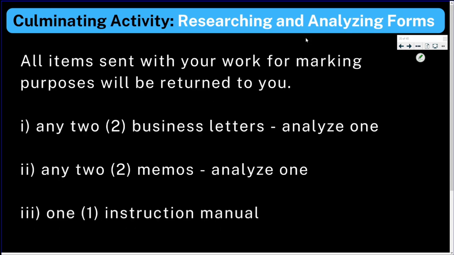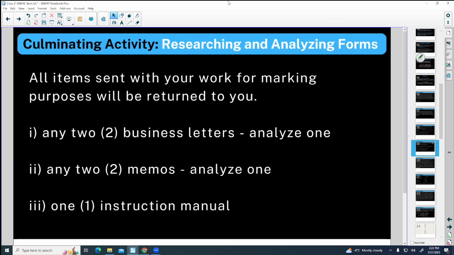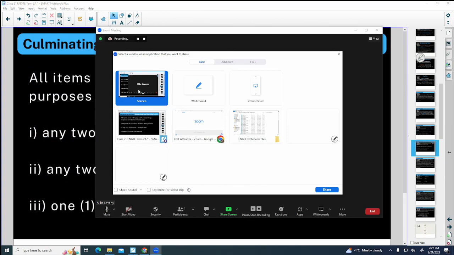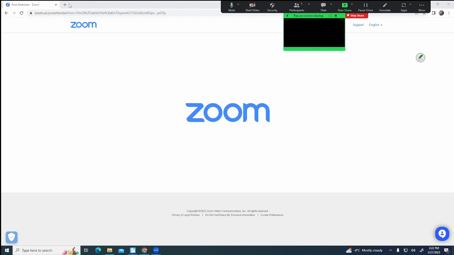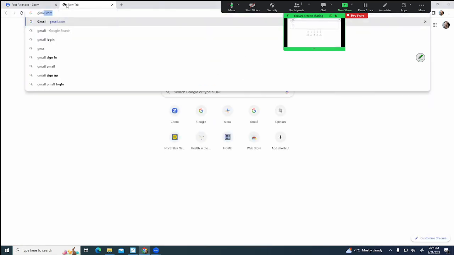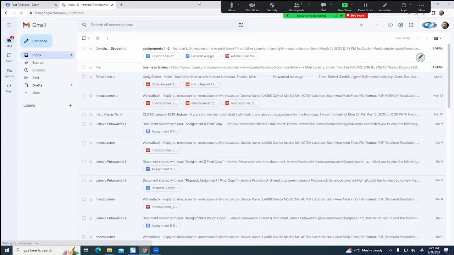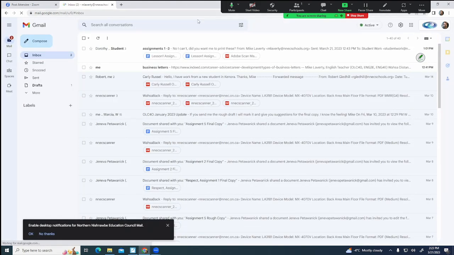All right, so what I would like to work on is the business letters. As I mentioned, I was having a hard time finding real examples of these business letters that were used.